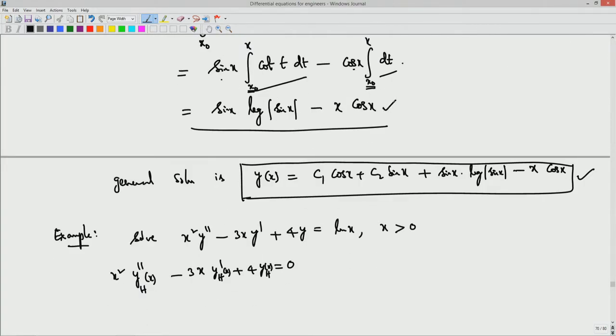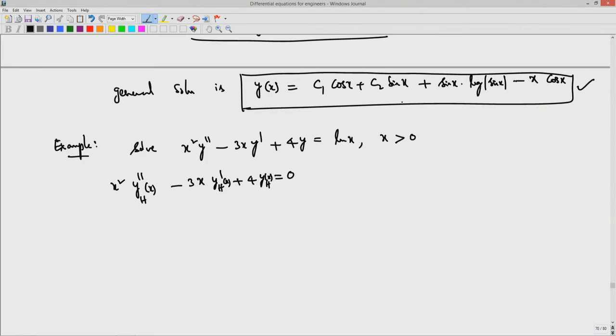Okay, let us solve another example. Let us consider solving this equation in the domain x positive. Consider the homogeneous equation. This is the Euler-Cauchy equation, and I know how to solve it.